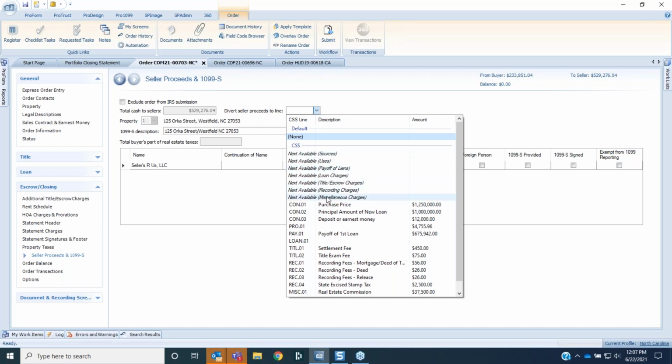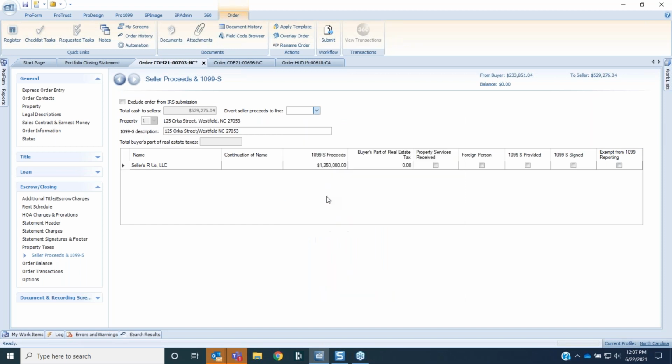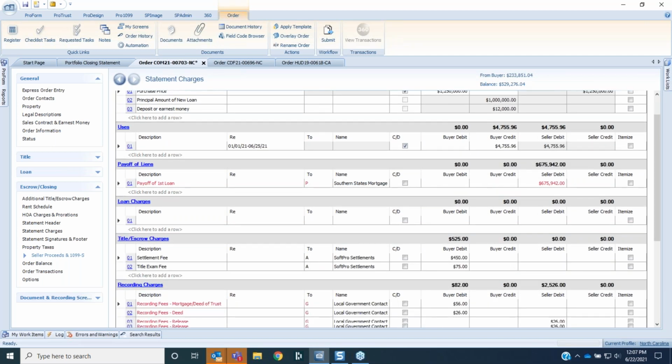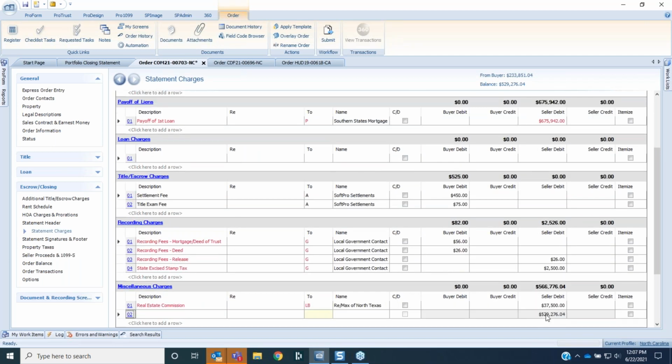So in this instance, I'm going to divert my proceeds maybe to miscellaneous charges. Maybe I have a section called proceeds to 1099 company. Utilizing my hyperlinks, I can jump right over to that line, and I'll see that the seller proceeds are being diverted over to a specific line on the document.